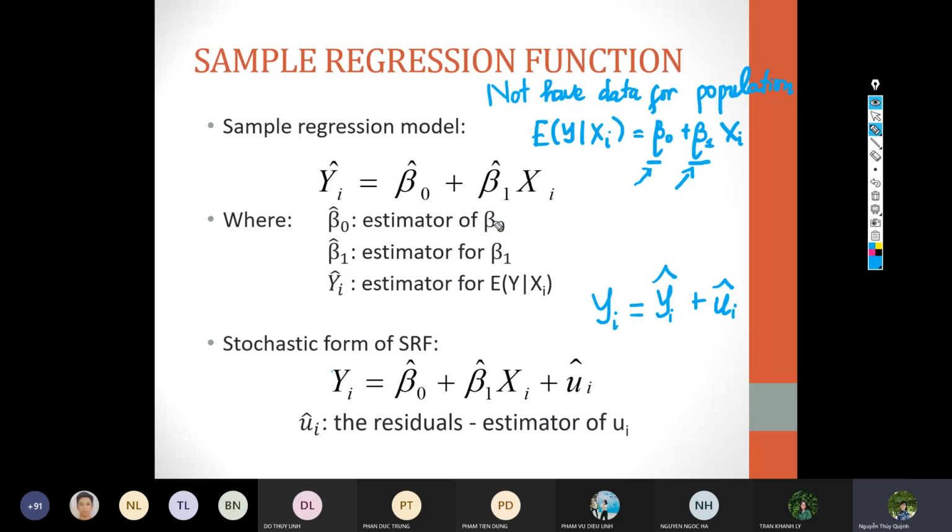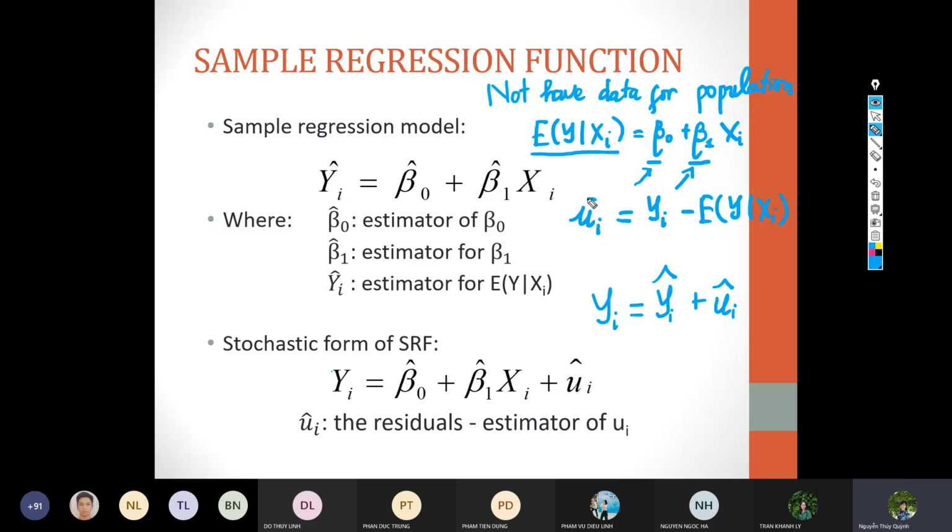And here, because you don't know the values of beta 0 and beta 1, you cannot know the exact value of the conditional expected value of y. And ui is the difference between the observed value of y and the conditional expected value of y, right? You may have the observed value of y, but we do not know the exact value of the conditional expected value of y.